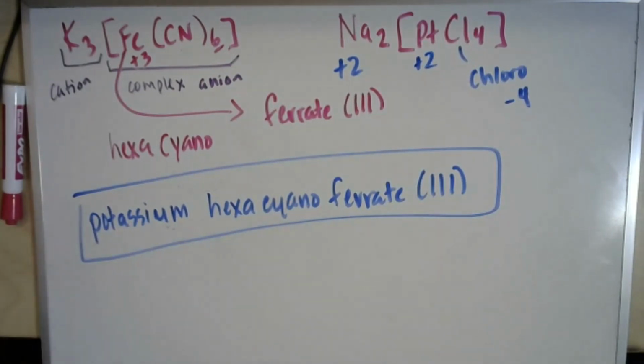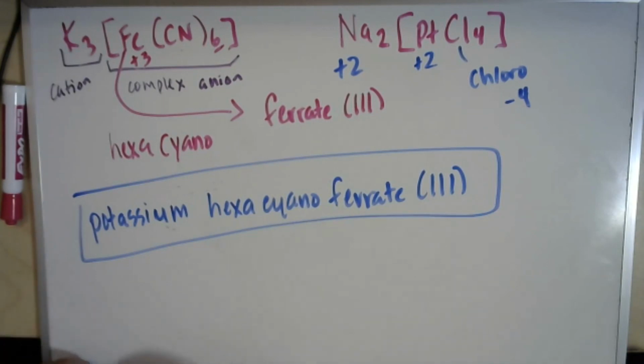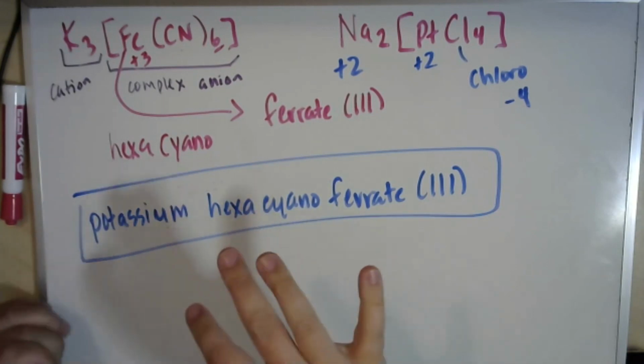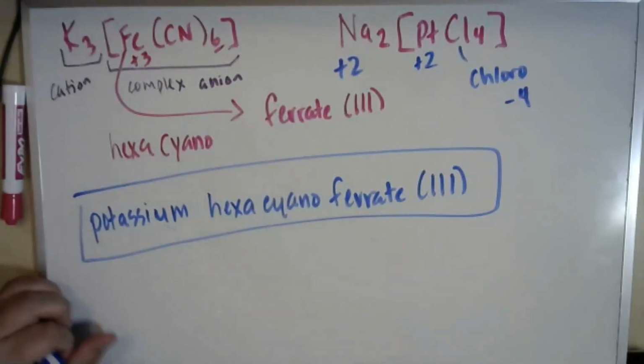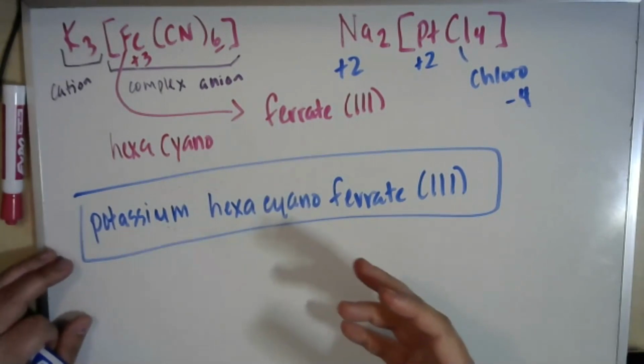While we have both of these examples up, let's just take a minute to look at the coordination numbers of these. Coordination numbers are the number of attachments the central metal has. The different ligands potentially have different numbers of lone pairs of electrons that they're able to contribute to the central metal.